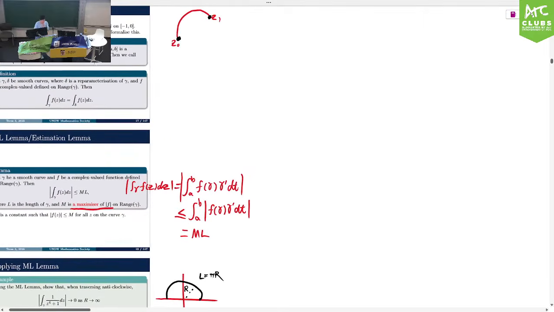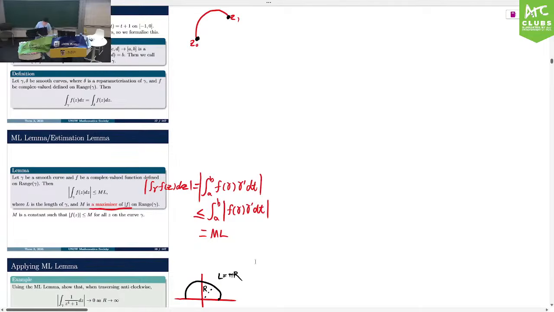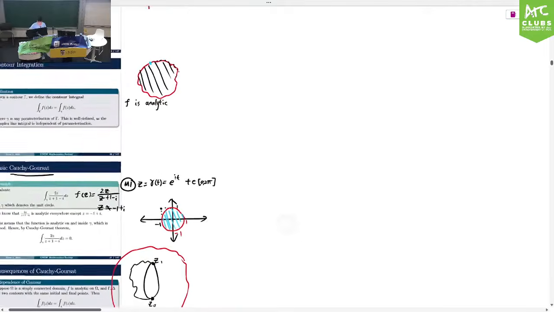Let me rewrite this again. The integral is bounded by the maximum value of our function times the length of our curve. So we're going to remember that.